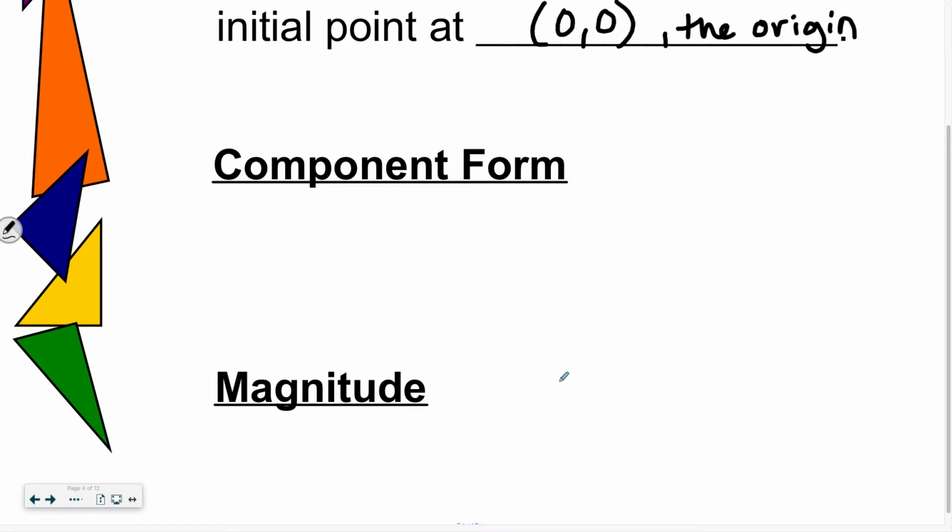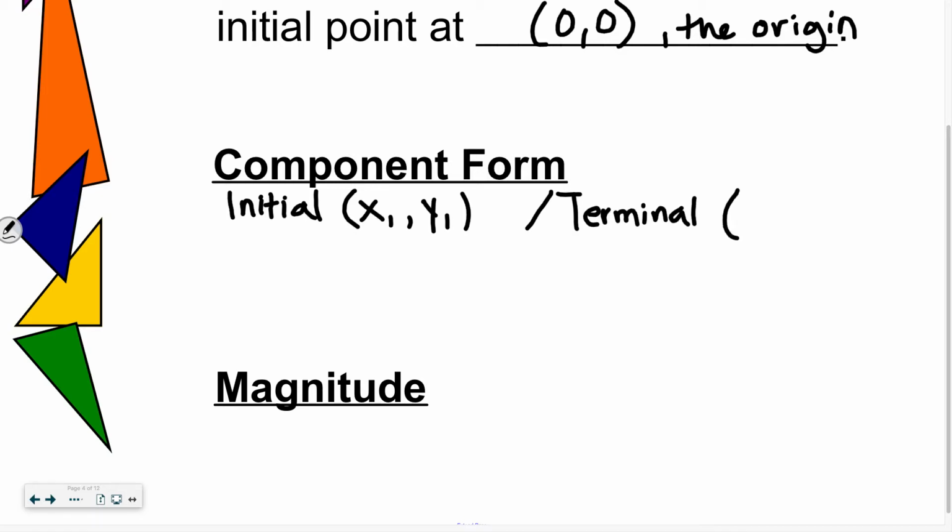So if it's not already in component form, you might be given information like an initial point. Let's say our initial point is at x sub 1, y sub 1. And you might have a terminal point, your ending point at x sub 2, y sub 2. So we're going to create something called component form. We're going to call that vector v.